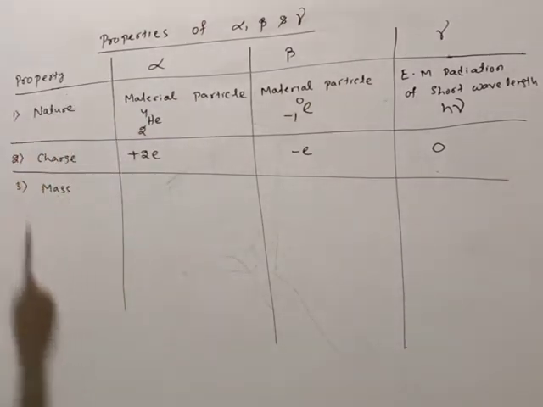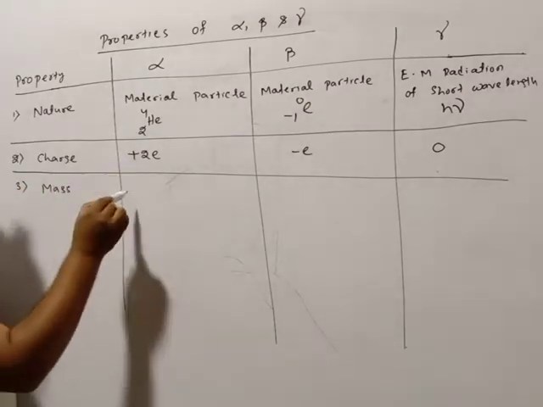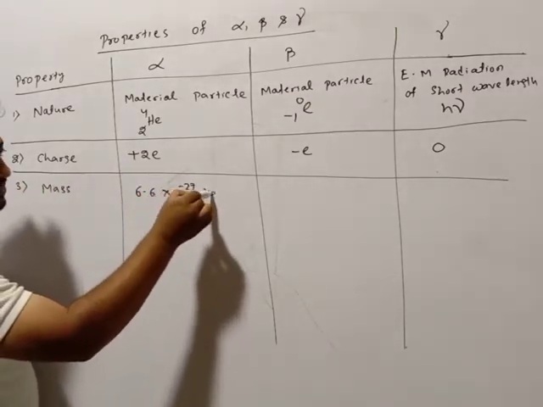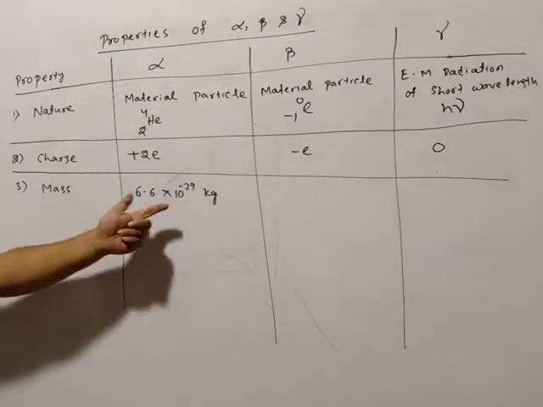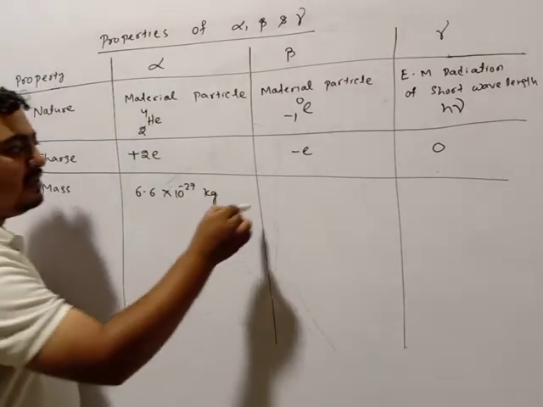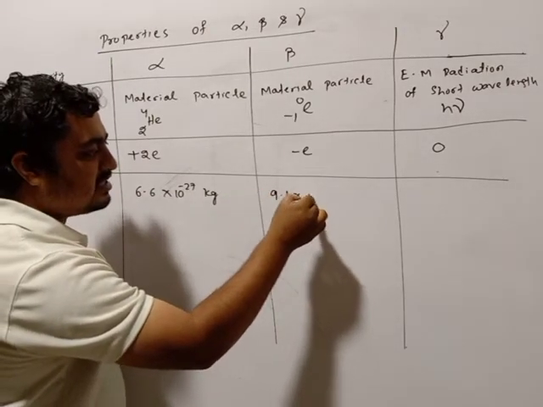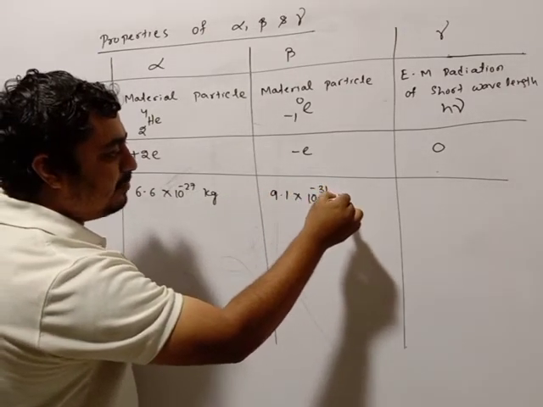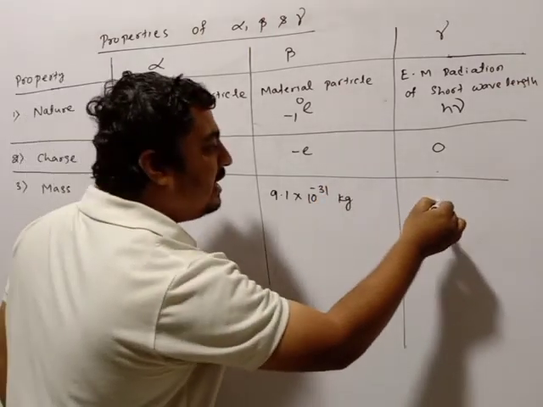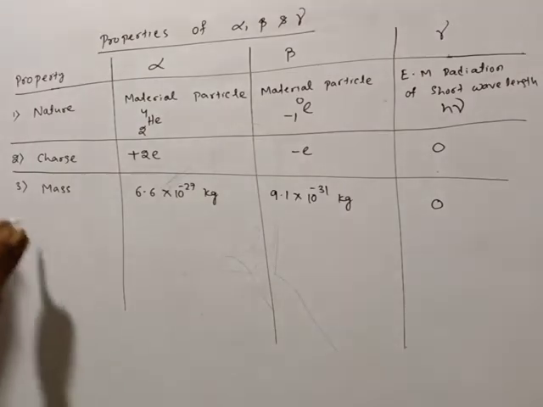Mass. Mass of alpha is 6.6 into 10 to the power -27 kg. Approximately 4 times of a proton. Beta has the mass of electron, so it is 9.1 into 10 to the power -31 kg. And gamma is massless.